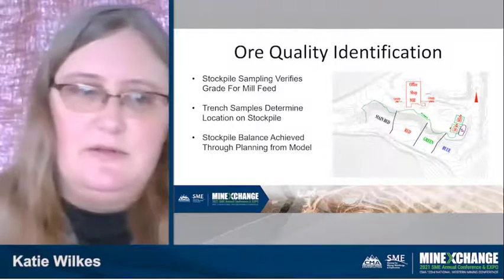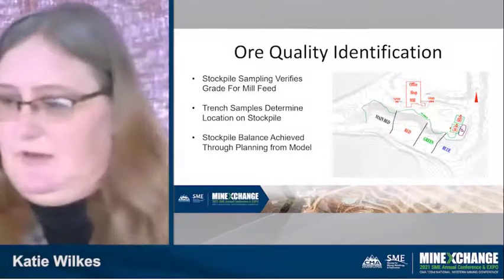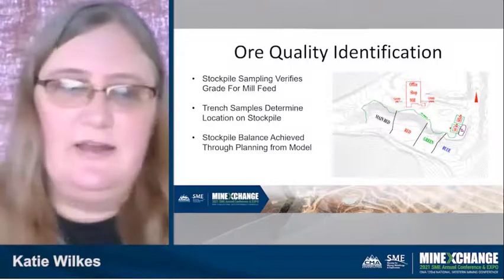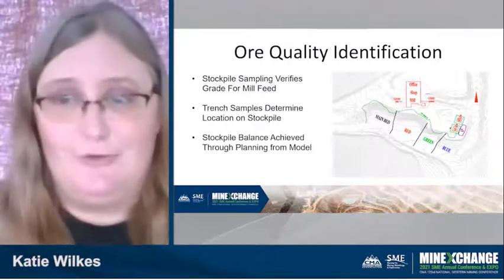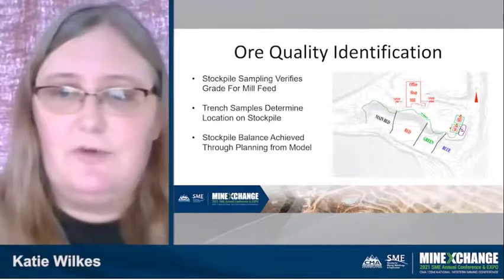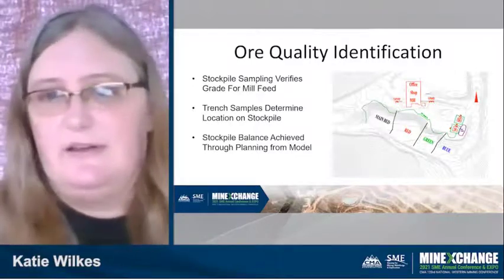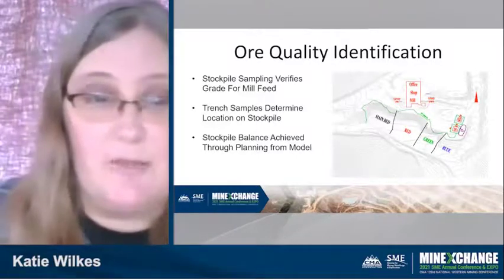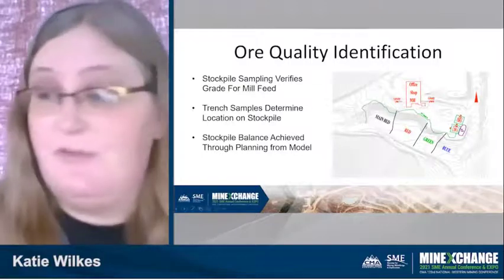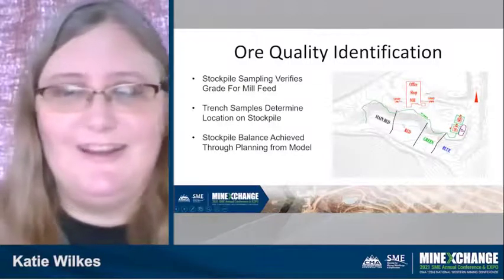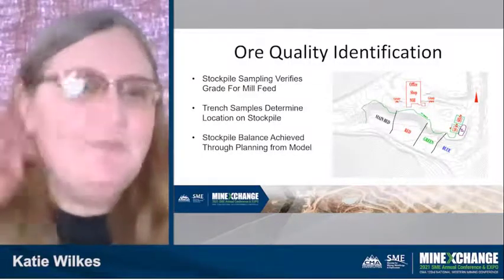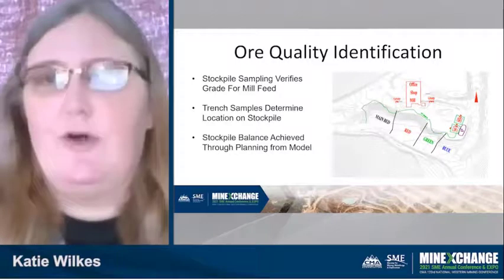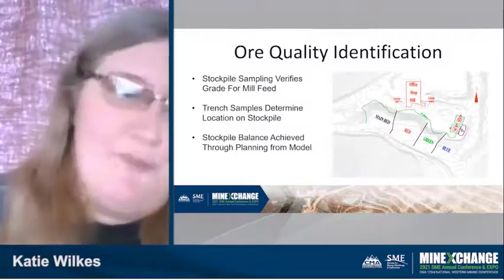So the reason for putting all of this together is so that you can actually balance your stockpile. If you're doing a blend where you use part of each of these different grade bands in your stockpile, you need to plan so you have them balanced and you're not running out of what you need for your blend. So this is why we need to incorporate this into the model and keep up with it.